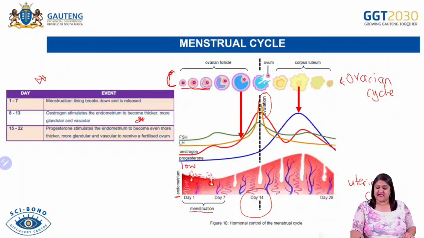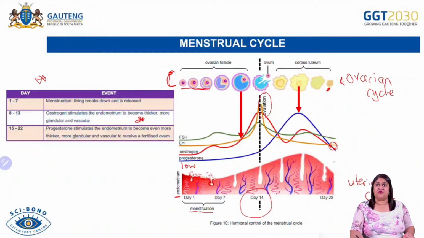And then if it does that, it now cannot secrete progesterone anymore. So the progesterone levels are decreased. So as you can see over here, estrogen and progesterone have decreased. And that decrease in progesterone and estrogen causes day 1 to start again and menstruation to occur.